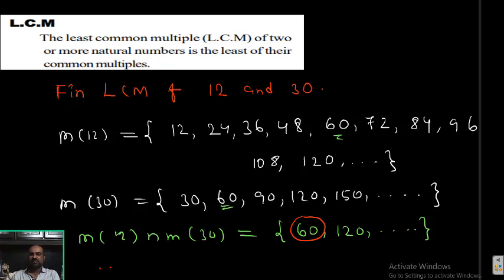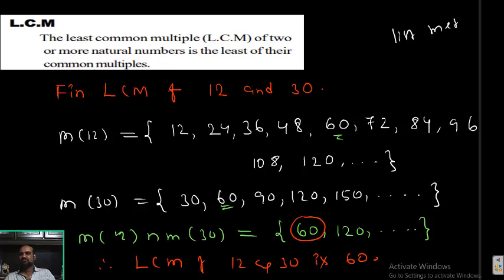So therefore LCM of 12 and 30 is 60. Okay, this is an important one. So this is called the listing method. Again, we have three methods to find LCM: listing method, prime factorization method, and division method.